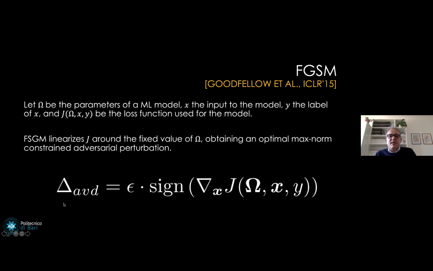So what happens basically is that the adversarial perturbation is computed using this epsilon, which is something that we fix at the beginning. So we decide that our perturbation budget is fixed, say 0.1 or whatever value we want to establish, and then we multiply this perturbation budget with the sign of the gradient of the loss function.